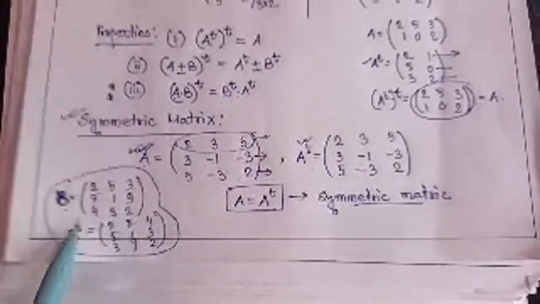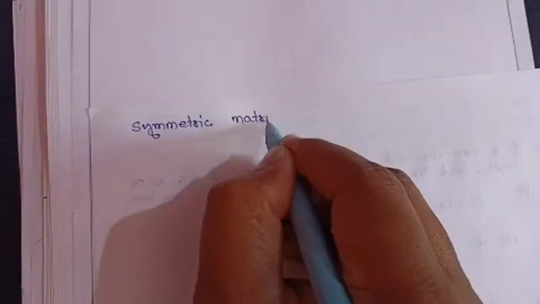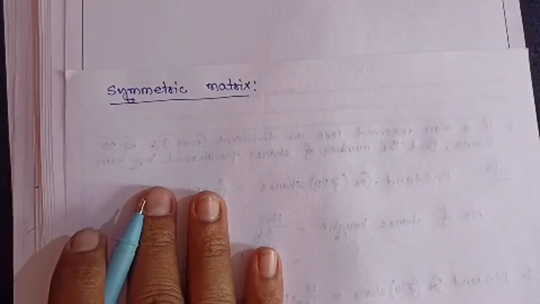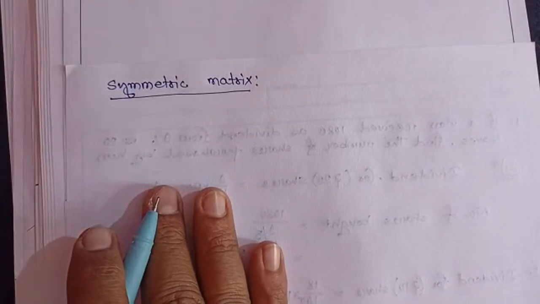Okay, so what should be the definition of a symmetric matrix? Definitely we can check verbally whether a matrix is symmetric or not. I'll give you the short trick after some time. So let me write the definition first. Symmetric matrix. We check symmetric or not when we have a square matrix.